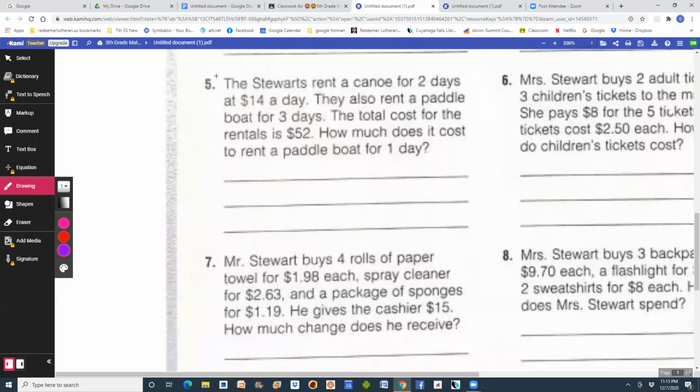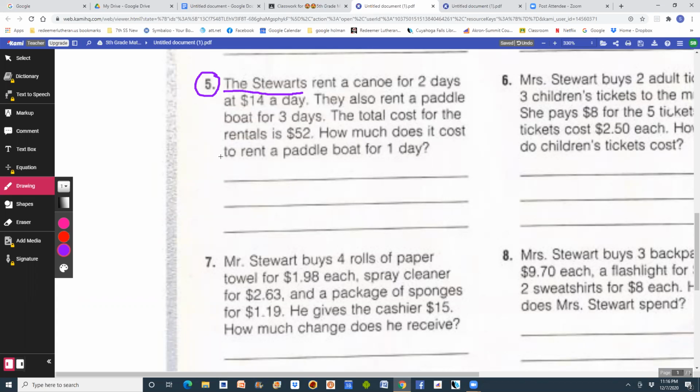Okay, number 5. The Stewarts, again, they're having a good time hiking and renting canoes. Okay, so the Stewarts rent a canoe for 2 days at $14 a day. They also rent a paddle boat for 3 days. The total cost for the rentals is $52.